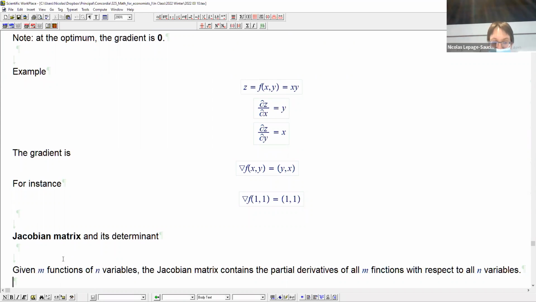So yes, that's the Jacobian. It's named after Jacobi, a famous German mathematician, I think. Yeah, Polish or German. It consists of a vector of m gradients.